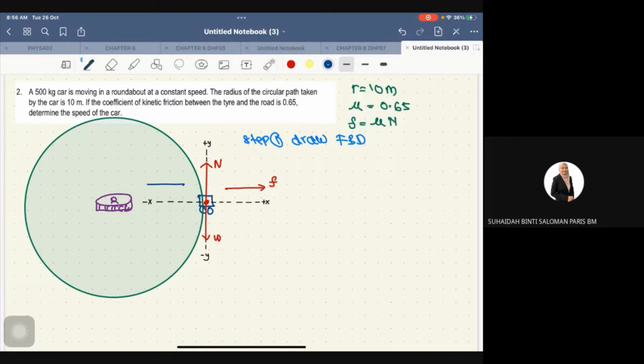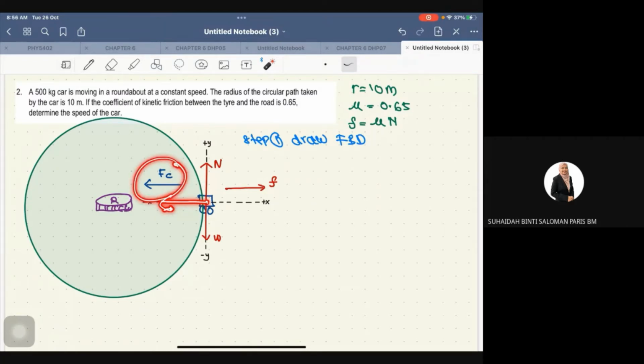FC mesti towards the center. So it means that at this situation mesti ada satu force, okay, exerted on that object yang towards the center juga, supaya akan adanya nilai net force, dan apabila ada nilai net force akan ada nilai centripetal force.